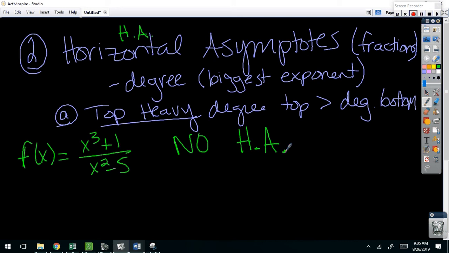Remember I told you there's 3 scenarios. And have this written somewhere where you can access it for your homework, because you'll have to decide which scenario am I in, and then you just look at it to see. What is HA? Horizontal asymptote. What do you think scenario 2 is? Bottom heavy.